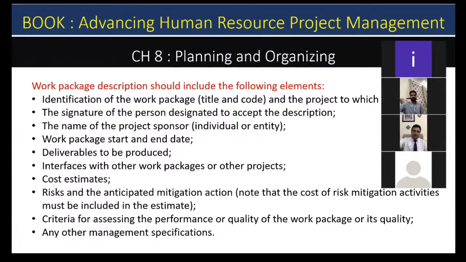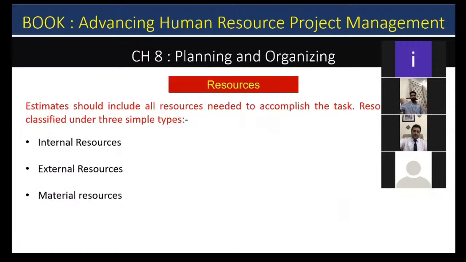So after formation of the WBS, we will have the work package description. That includes the identification of the work package, the signature of the person designated to accept the description, the name of the project sponsor, work package start and end date, deliverables, interfaces, cost estimates, risk criteria, and any other management specification. Next slide, please.